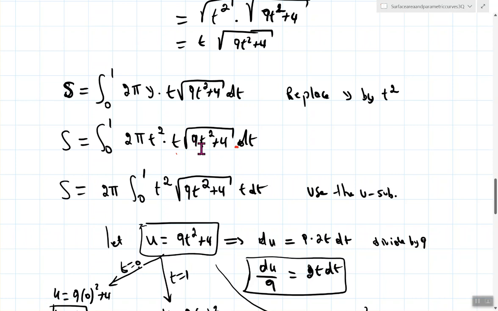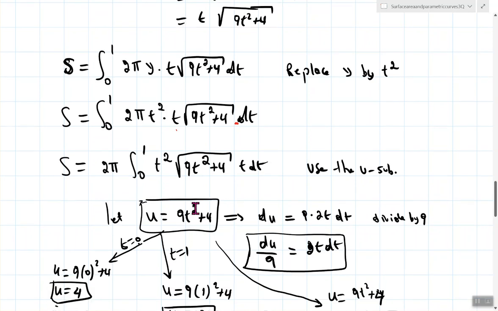We're going to let u be 9t squared plus 4. Then du is 9 times 2t dt, so 2t dt is du over 9.